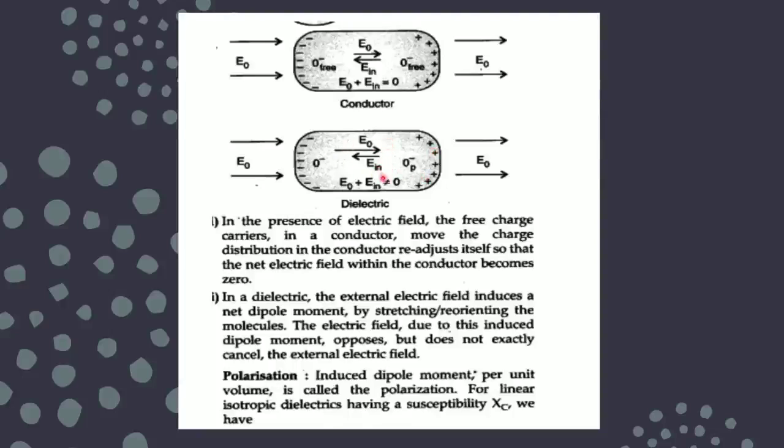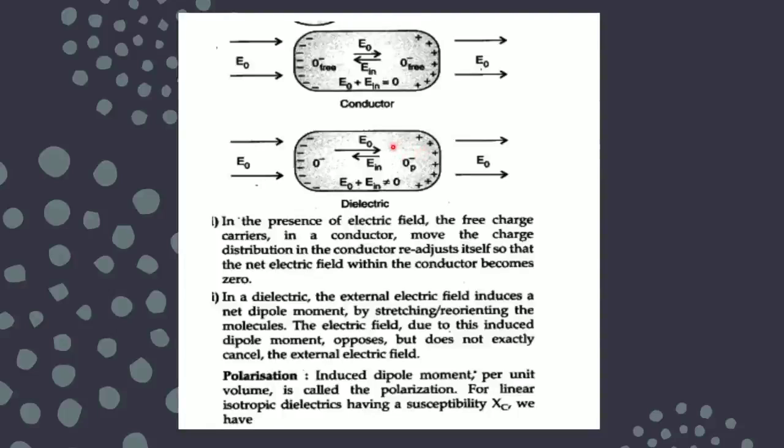So the net field will be there inside the dielectric. This is termed as the induced effect or polarization effect, you can say, and due to this I will have some induced dipole moment. Like we have studied, dipole moment is the charge into the distance between them.